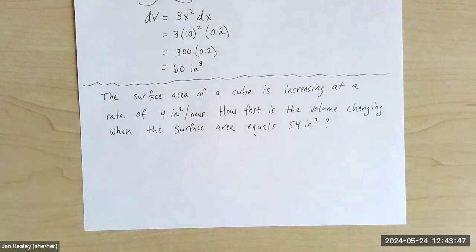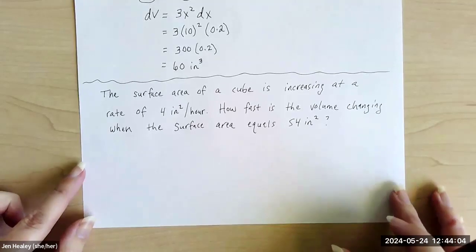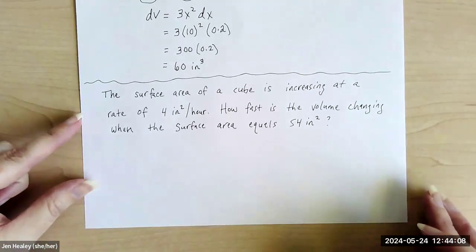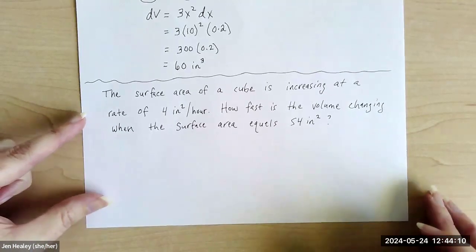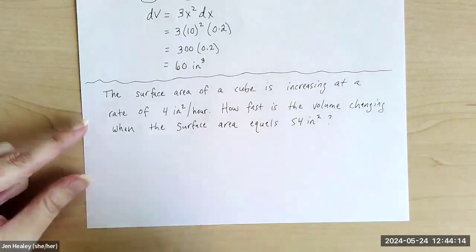So if we're talking about a cube, we know that a cube means all the sides have exactly the same square faces. If they don't give you a formula for the surface area, are you cool with how you would find the surface area of a cube? These are the types of ones where if they're not going to give you a formula, it'll be something like a cube because they're going to assume you can figure that out.